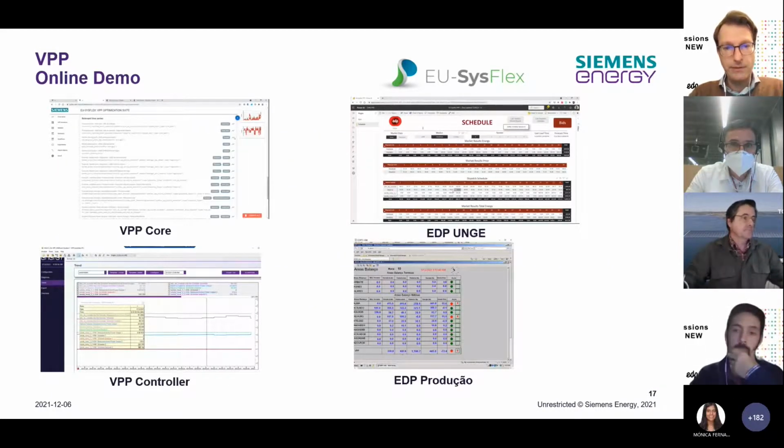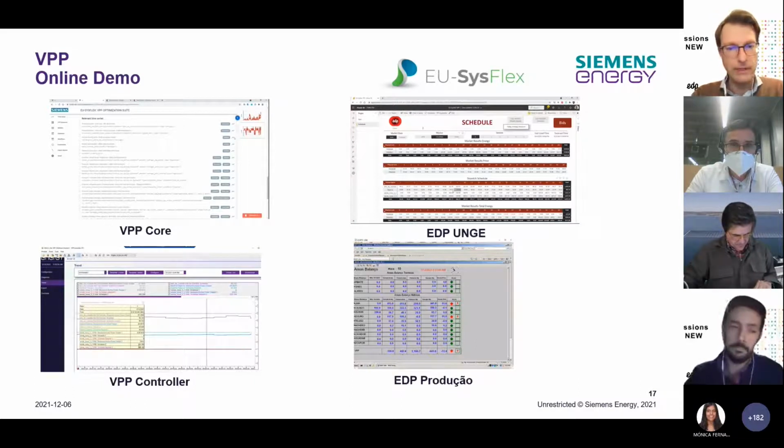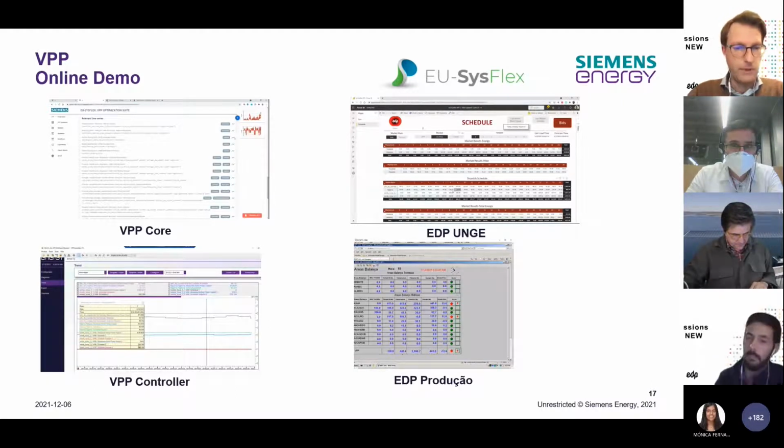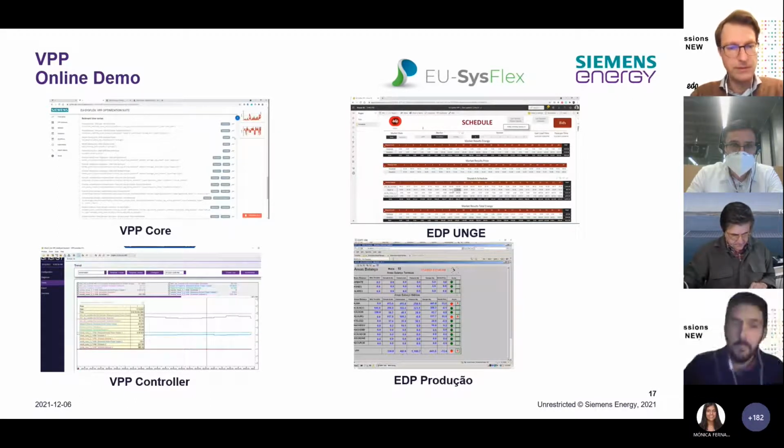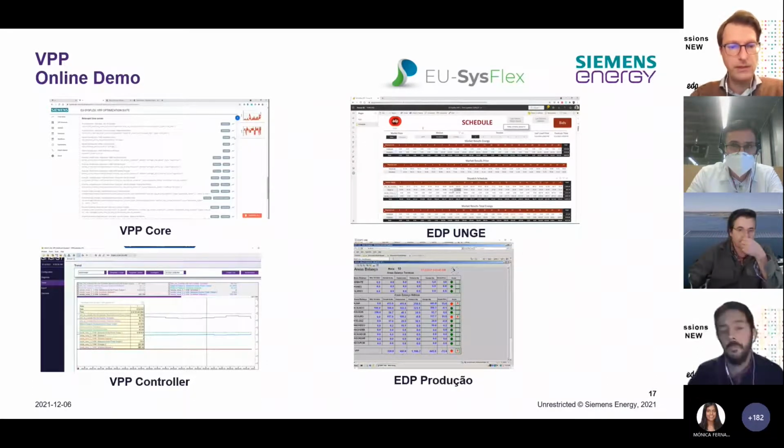Yes, and just to give you a visual insight into what we were looking at during the online demo, you can see different screens from the different systems. The VPP core and controller systems on the left-hand side, monitoring the dispatch and the set point implementation.